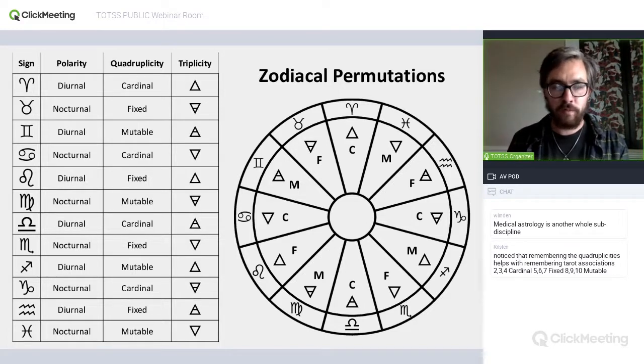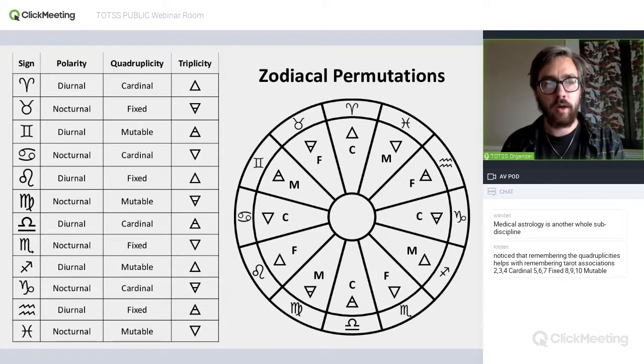Quadruplicity is just going cardinal, fixed, mutable, cardinal, fixed, mutable. And then we're just going fire, earth, air, water, fire, earth, air, water. And so again, as we saw, all the diurnal signs are either fire or air, or from the other perspective, all the fire and air signs are diurnal, and all the earth and water signs are nocturnal.